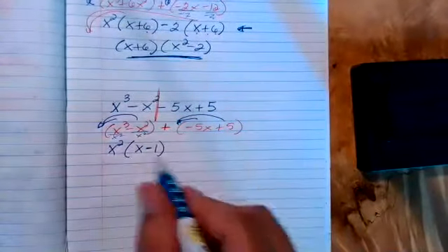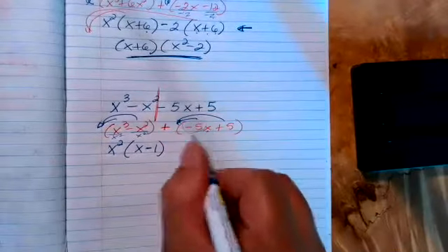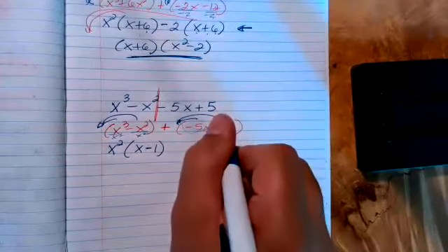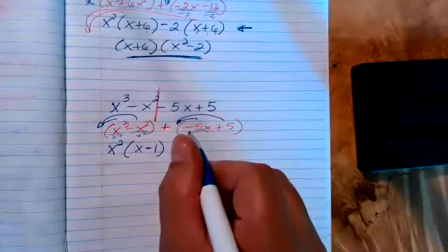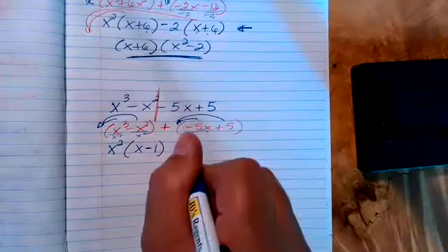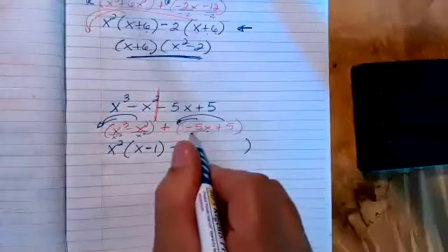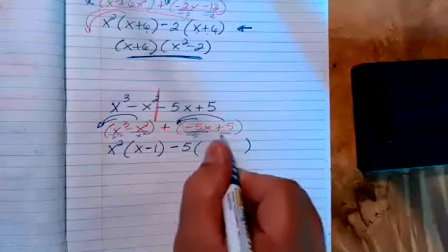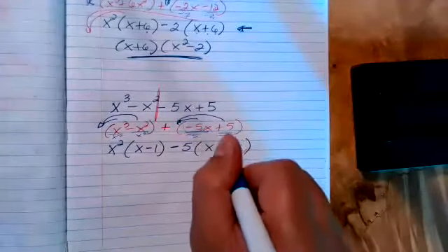And if that's the case, that means I want to get x by itself. So I have to get rid of this negative 5. So really what I'm going to factor out as a GCF, I could see they both have 5, but I'm going to factor out the negative as well. So I'm going to factor out a -5, which just means I'm dividing both of these by -5, and I'd be left with x minus 1.